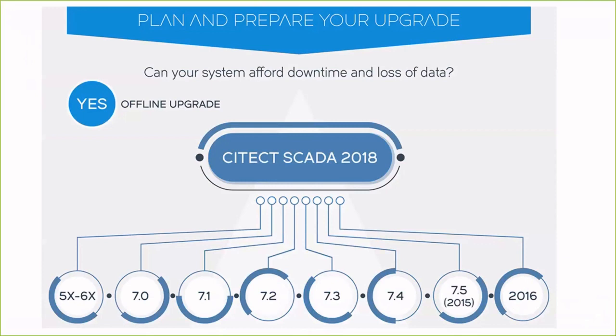If you can answer yes to that, then you'll be performing an offline upgrade, and this mimic basically just shows you that no matter what version you're currently running on, you can basically migrate that and upgrade that to Citect SCADA 2018.